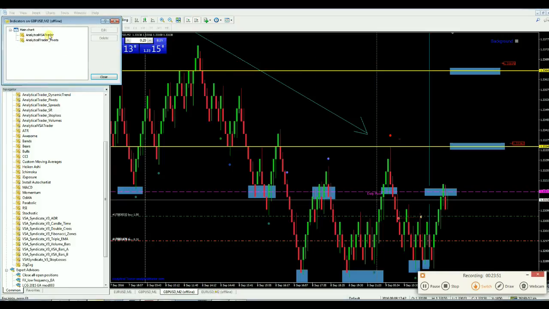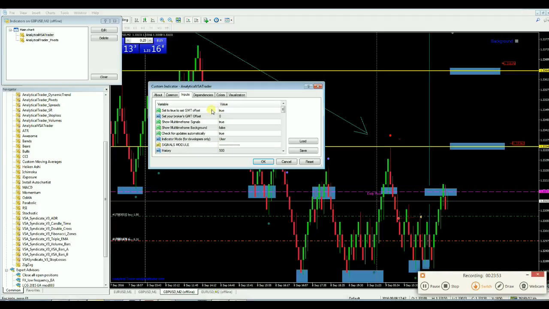If your broker clock, the clock that appears on the market watch, is behind your current time on your PC or laptop, then that is the offset. If it's behind by 2 hours, it means the offset is plus 2.